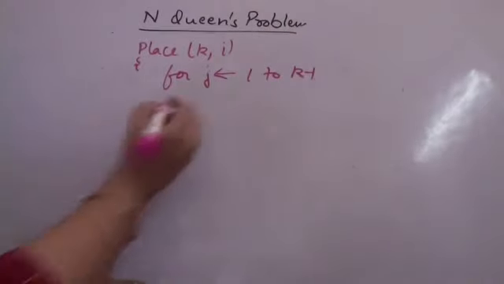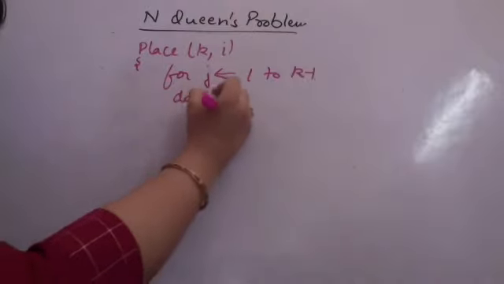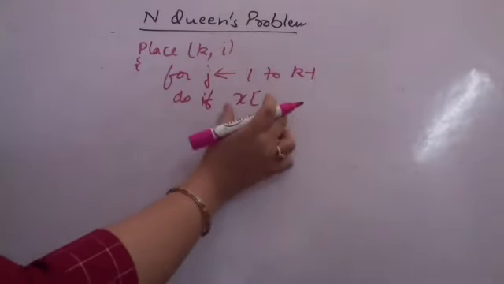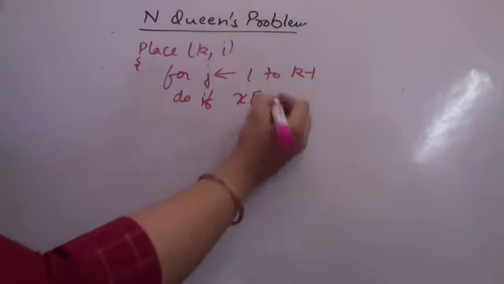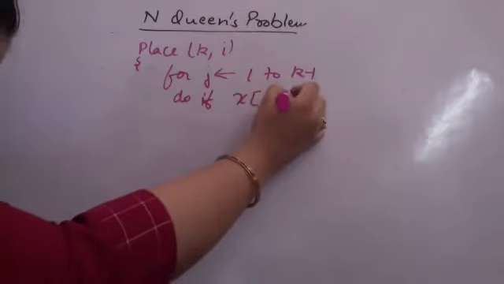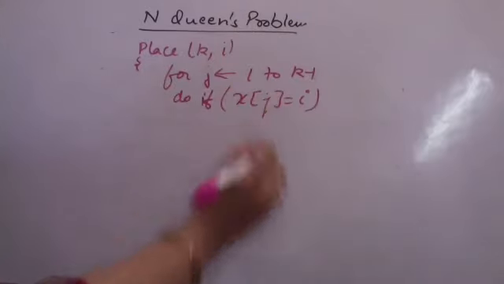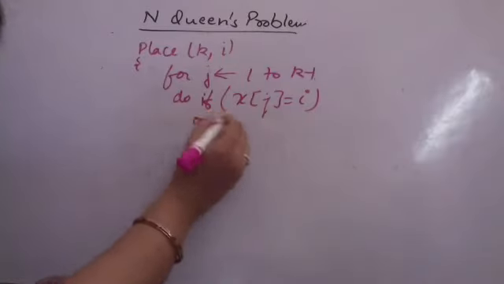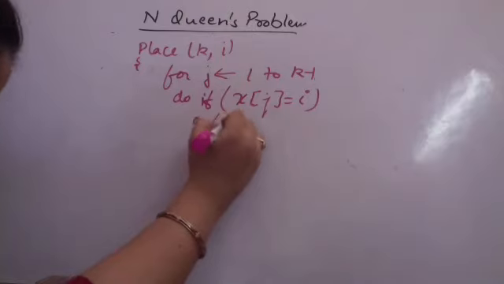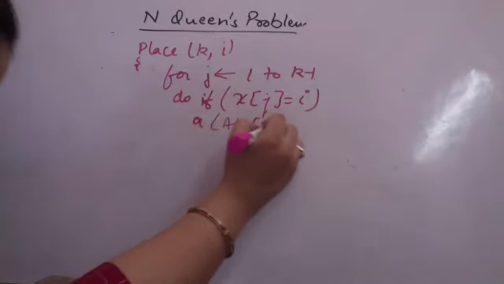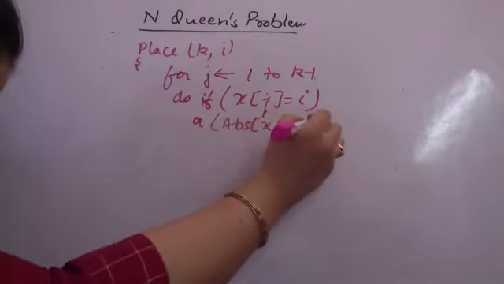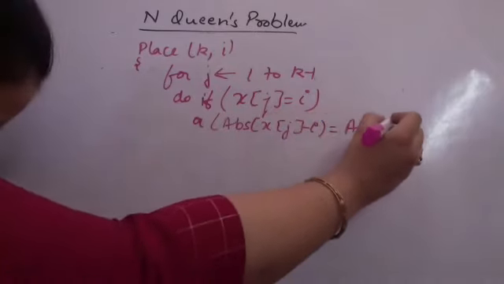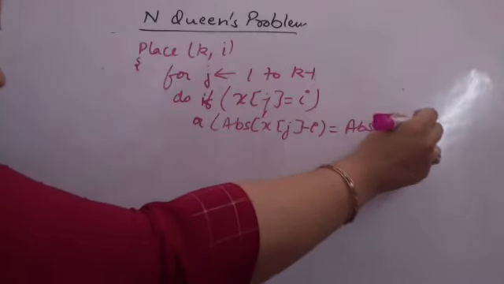Okay. Now if the position on the board which I'm saying x comma, this is the position that I'm taking on the board. If x of j is equal to I, in that case, or if not, I'm still continuing, absolute value of x of j minus I is equal to the absolute value of j minus k.